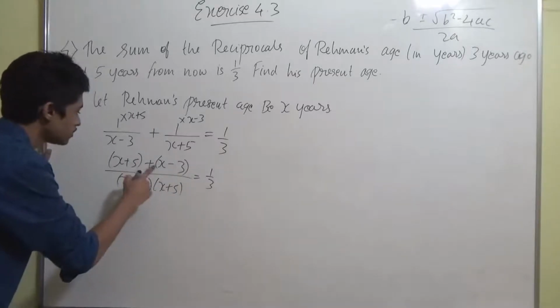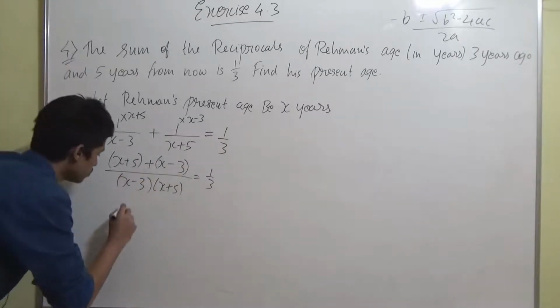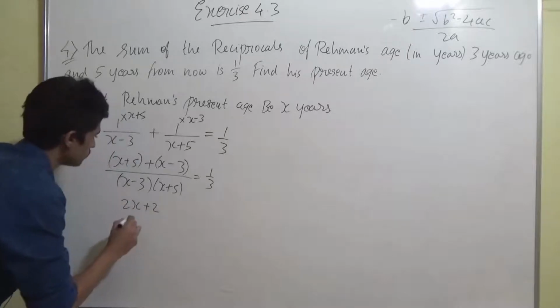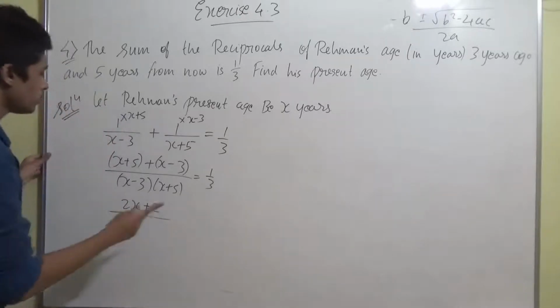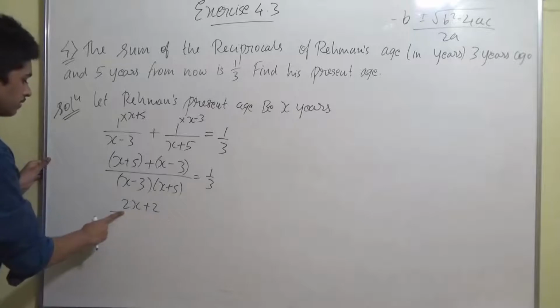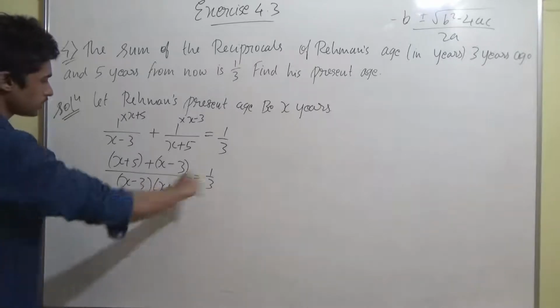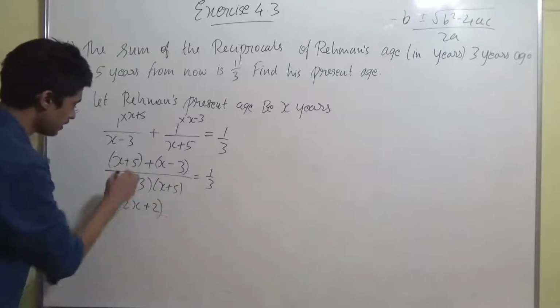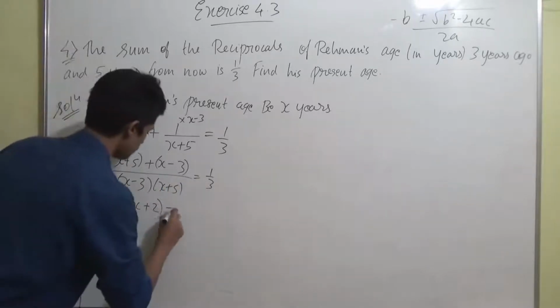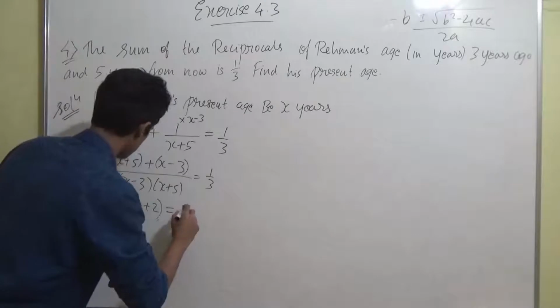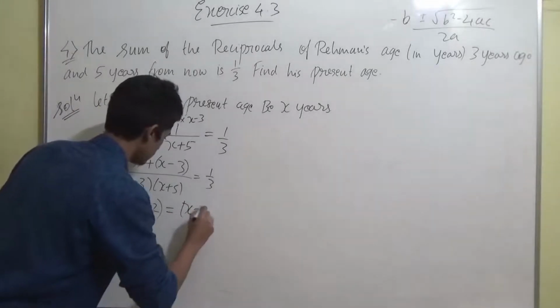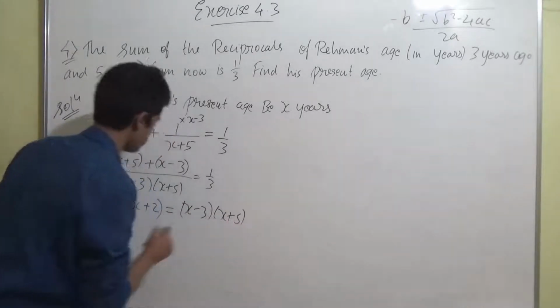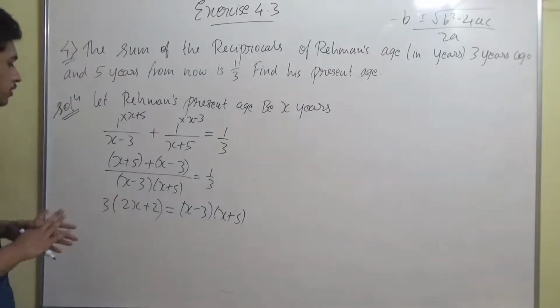It will become x plus x 2x, 5 minus 3 2, so 2x plus 2 divided by, now we'll do one more thing, we'll do cross multiplication here itself. This will go there, right, and 3 will be multiplied here, so this 3 will be multiplied in this equation, and this whole expression will go here. It will become x minus 3 into x plus 5. It went there.